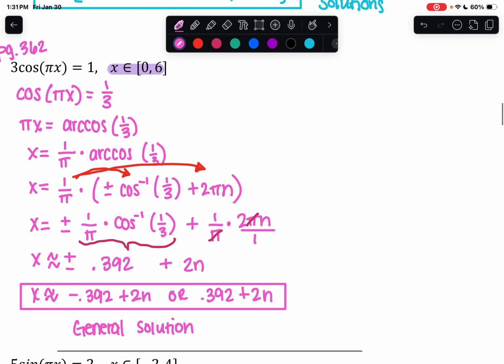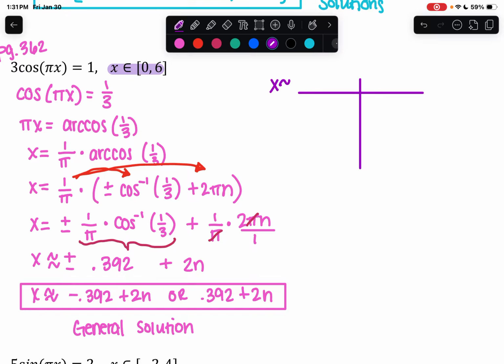Now we want to find our particular solutions. So I'll just use purple, and we can go ahead and make our table. When we make this table, we're just taking what we found as our general solution and kind of dividing that up. So if we said x is about negative 0.392 plus 2n, or 0.392 plus 2n, then again, we're just plugging in values for n.